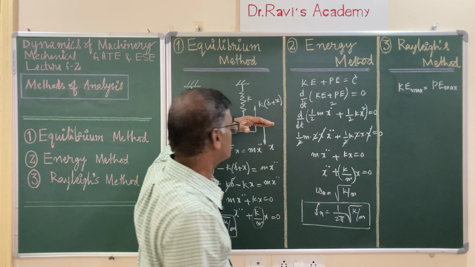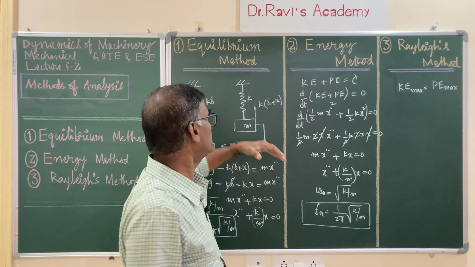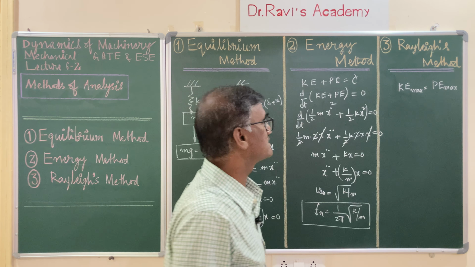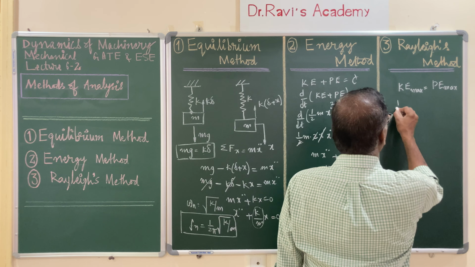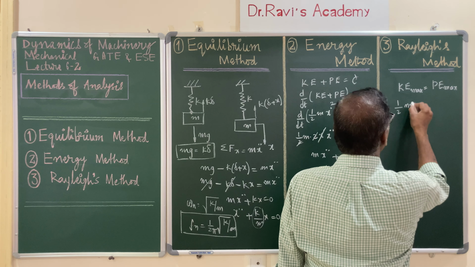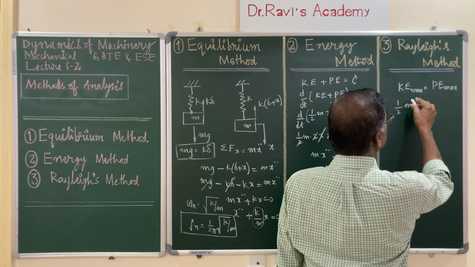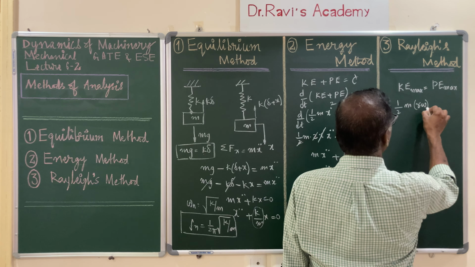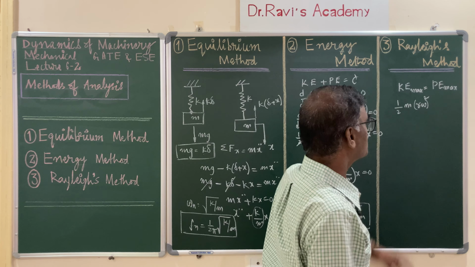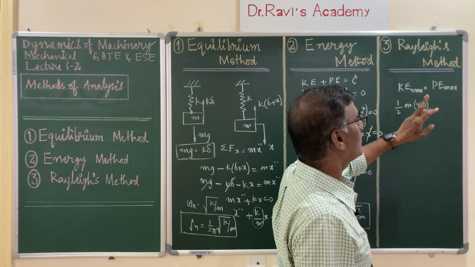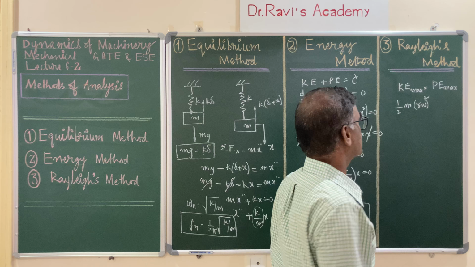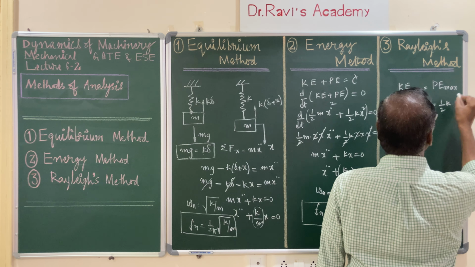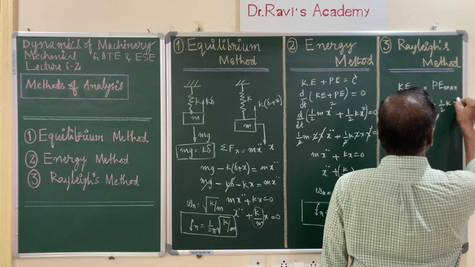Kinetic energy is maximum in the mean position, so you will have maximum velocity, and potential energy will be maximum where you have maximum displacement, that is amplitude. So this is half m v square, v maximum is r omega, where r is the amplitude, the maximum displacement. Here half k x square, x is again maximum displacement, that is r square.